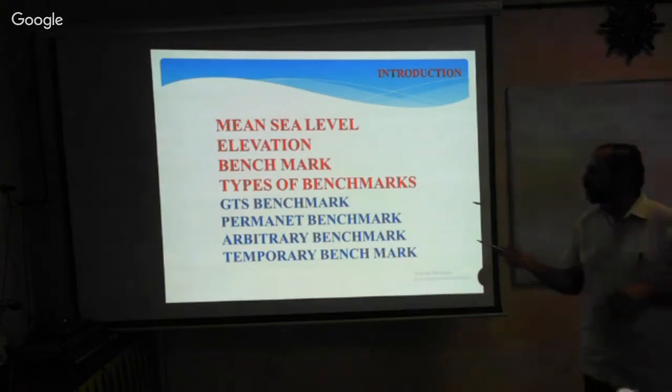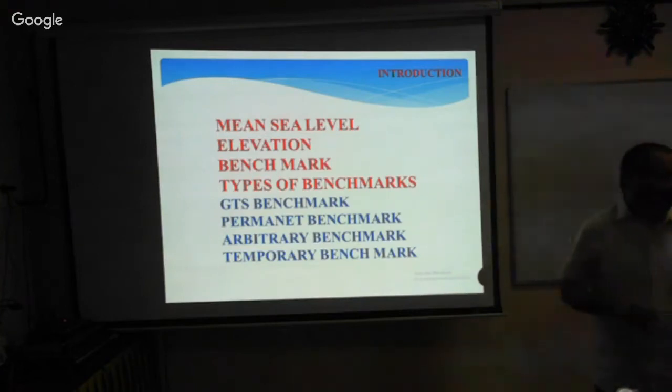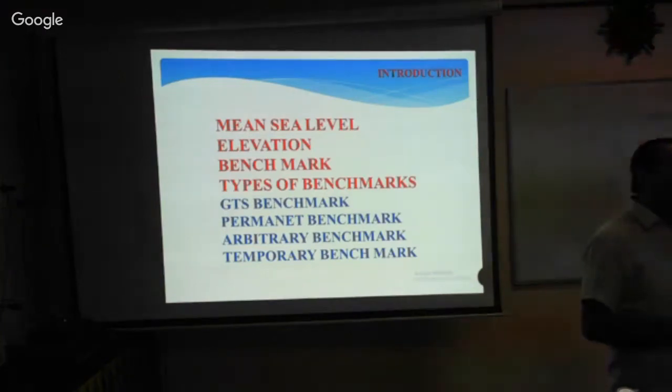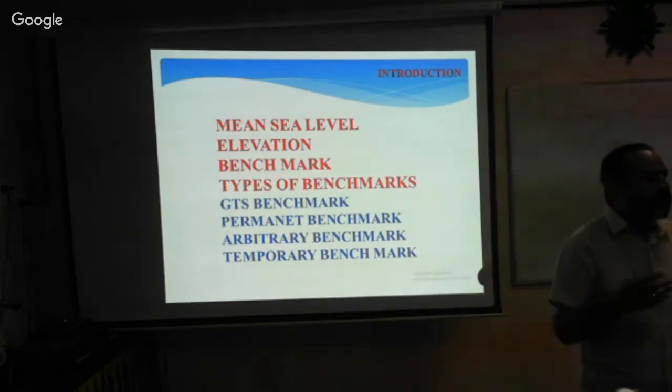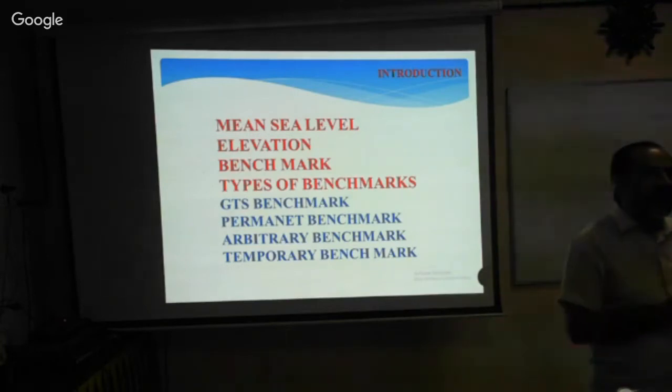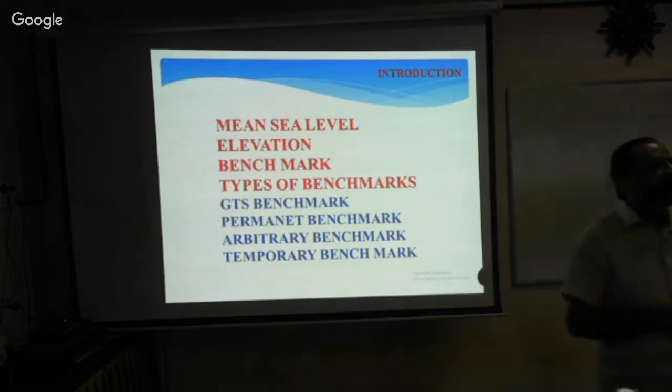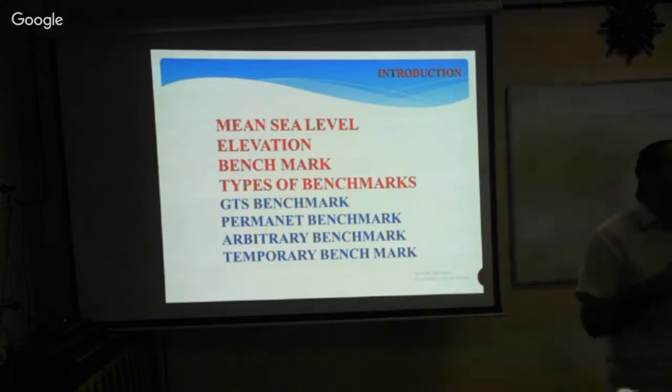Similarly, the other one is the permanent benchmark. There is one GTS benchmark available. From there, the department engineers in Mangalore, for their work to construct a bridge, a road, or a building, will bring their levels from the GTS benchmark to the site, and make the permanent location and permanent elevation.